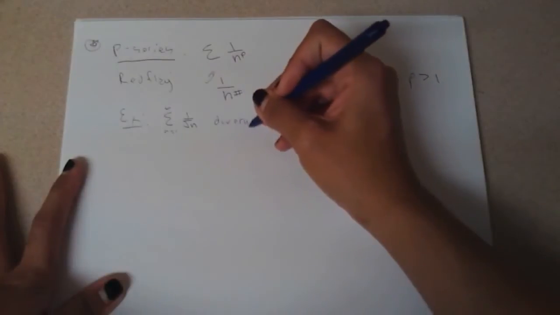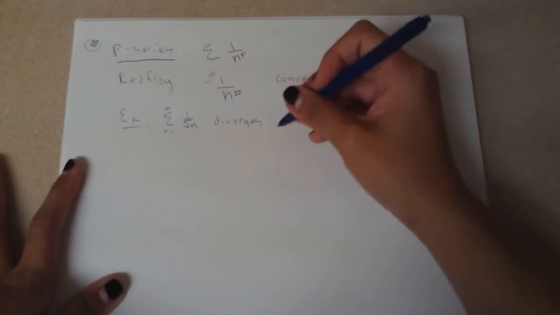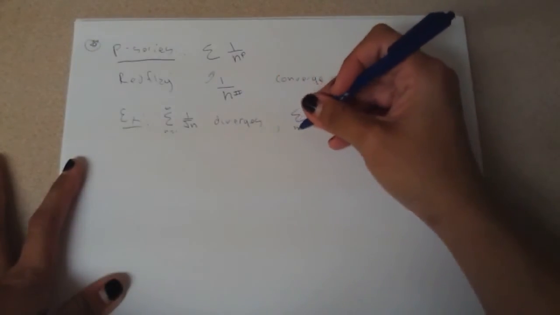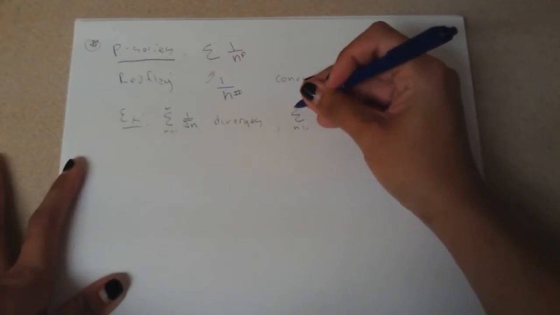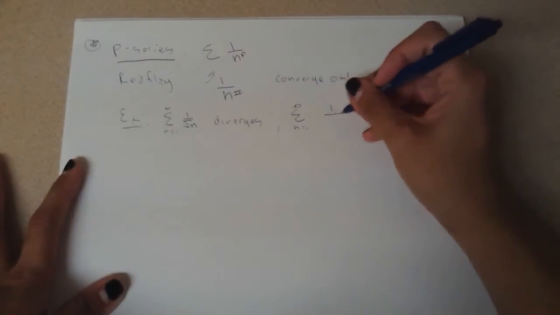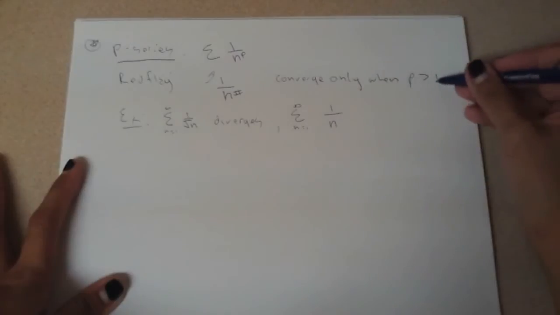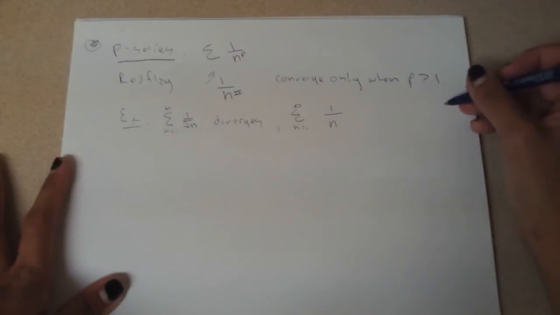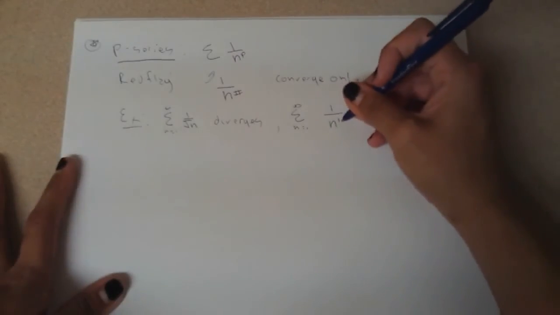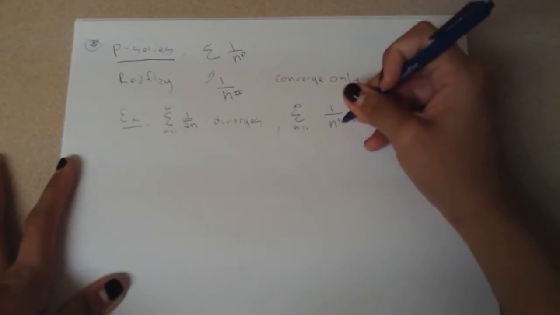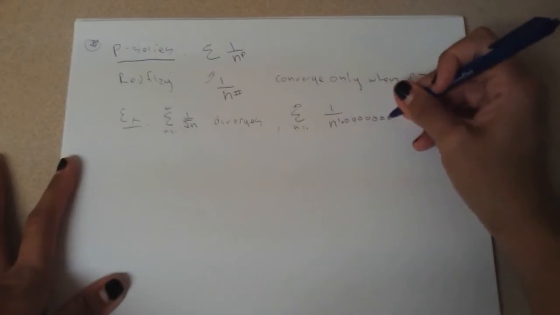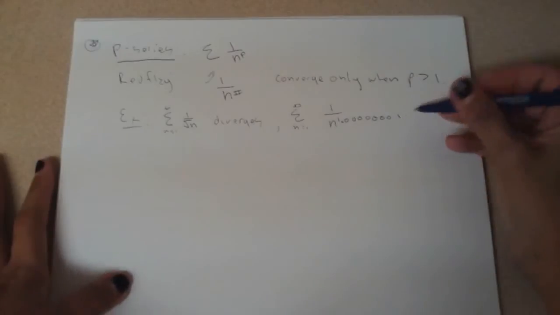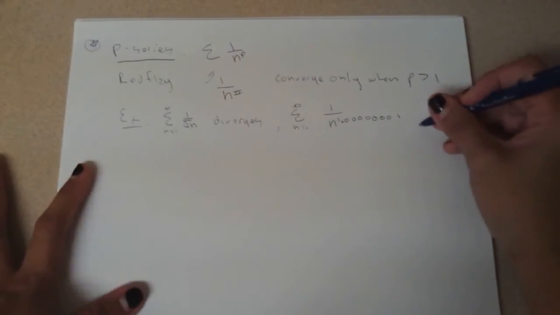So this guy would diverge by my p-test. And if I wanted to give you an example of something that converged by my p-test, we just have to have this power be bigger than 1. Doesn't matter how much bigger than 1 it is, it just has to be bigger than 1. So if I did something like this and gave you this long decimal, as long as I made it even a tiny bit bigger than 1, this guy still converges.